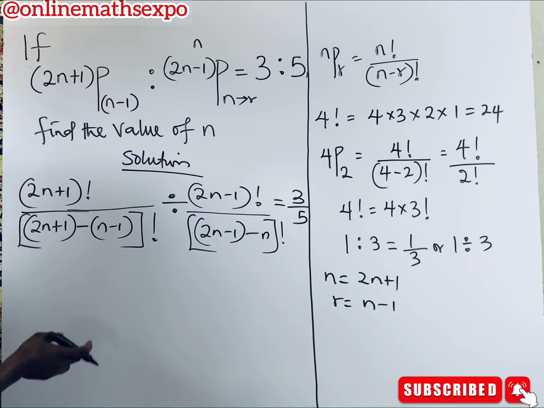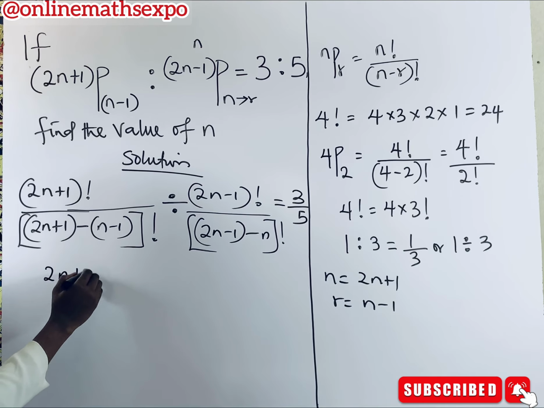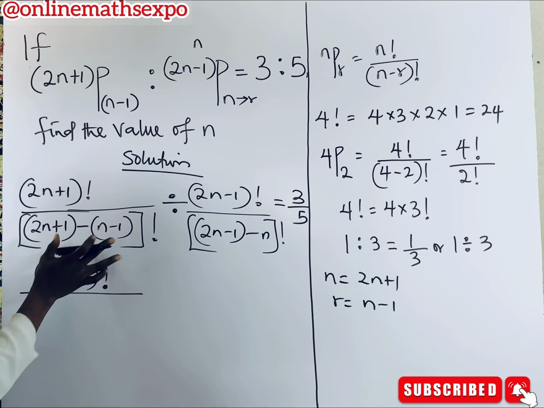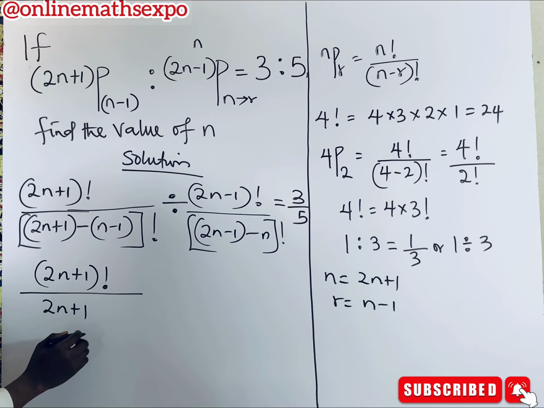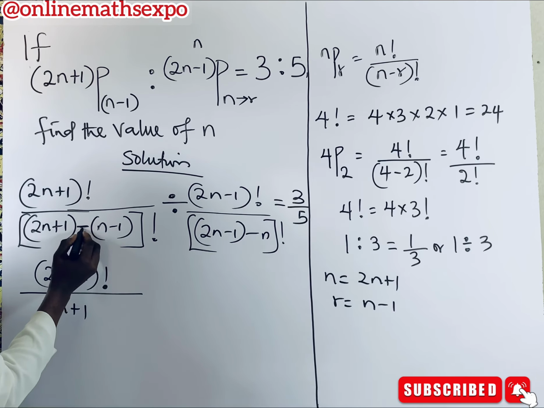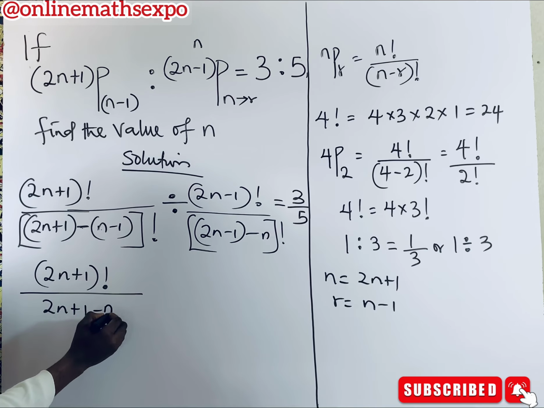So let's simplify again to have 2n plus 1 factorial all over, expand the bracket, we have 2n plus 1. This negative sign will affect the values inside, and if it opens up, it gives you negative n.